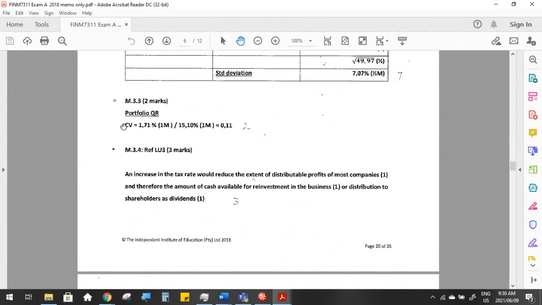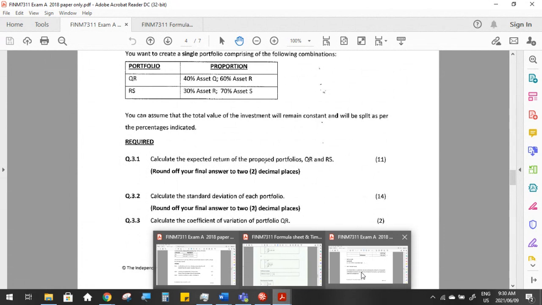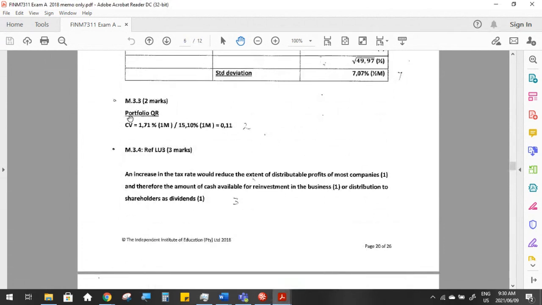And then they wanted the coefficient of variation only for portfolio QR for 2 marks. So again, you've got this formula on the formula sheet, and you must just know what amounts to put into the variable.